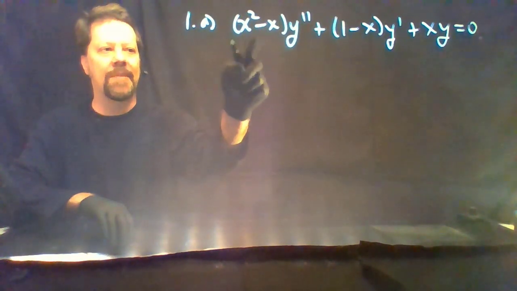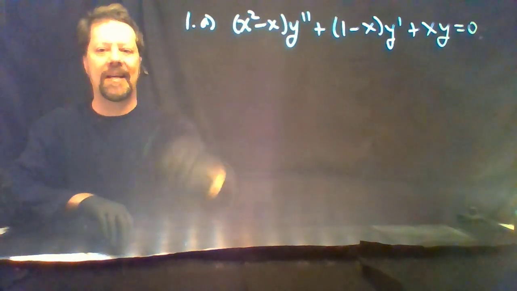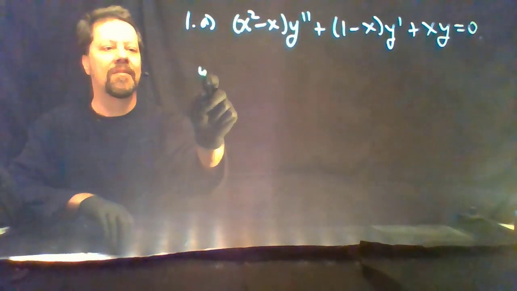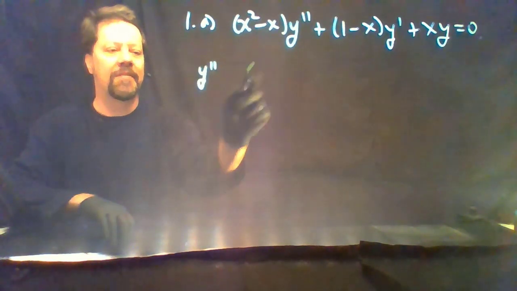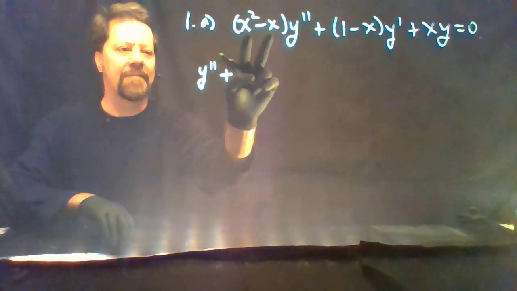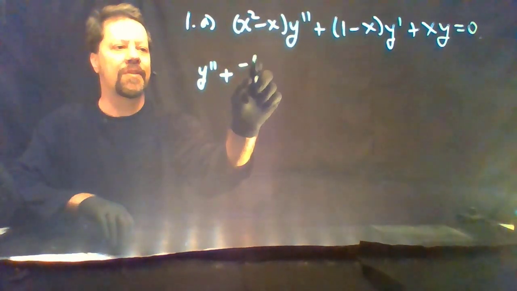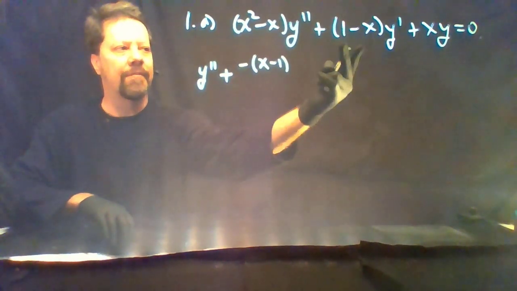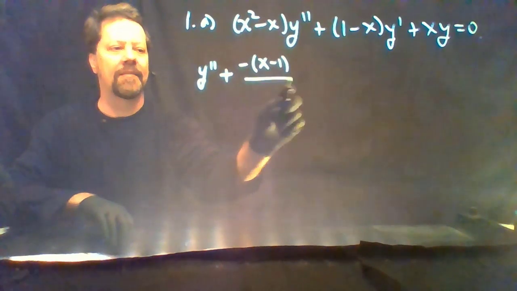Let's do that, keeping in mind that x² − x is x times the quantity x − 1. Dividing, notice that x − 1 is a factor over here. I need to reverse the order of the subtraction. When you reverse the order of a subtraction, you generate a minus sign.